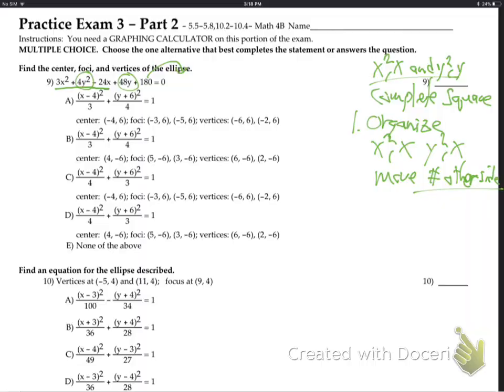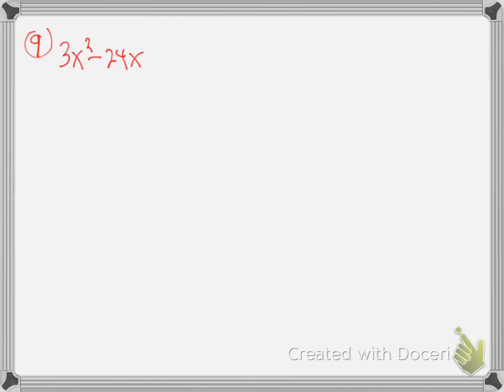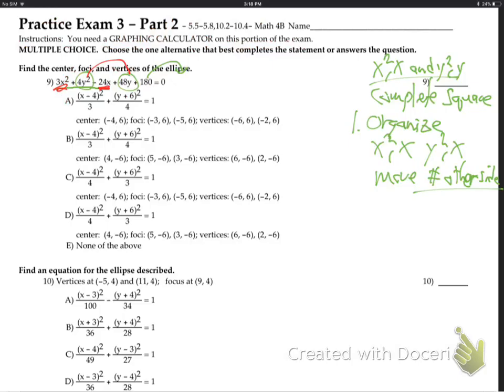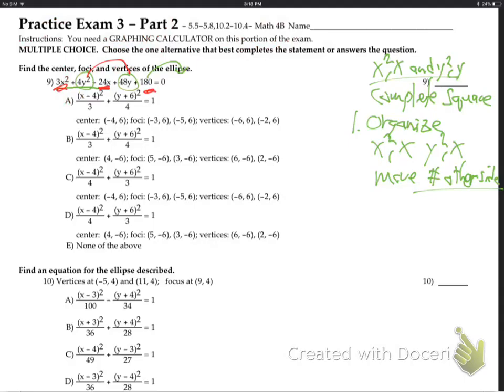It'll be 3x squared minus 24x, and then 4y squared plus 48y, and then move that 180 to the other side, and it becomes negative 180. So there's step 1, organize stuff.